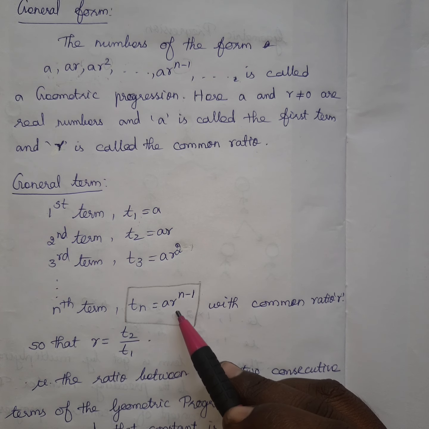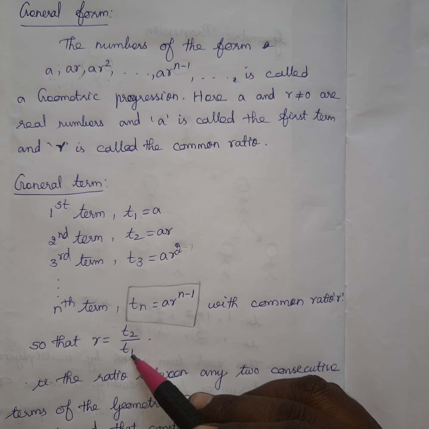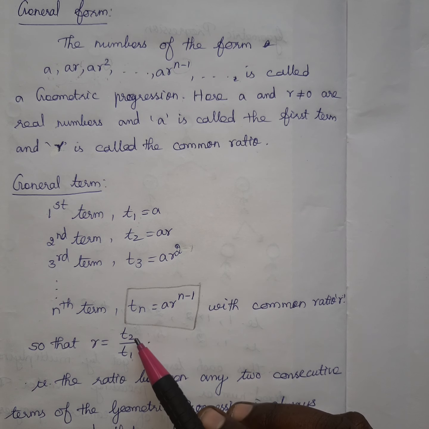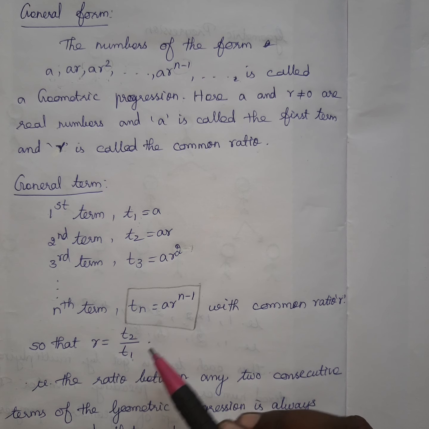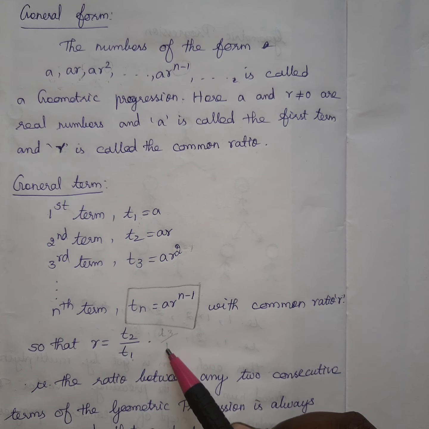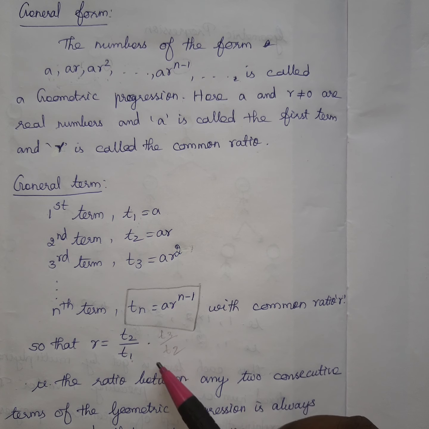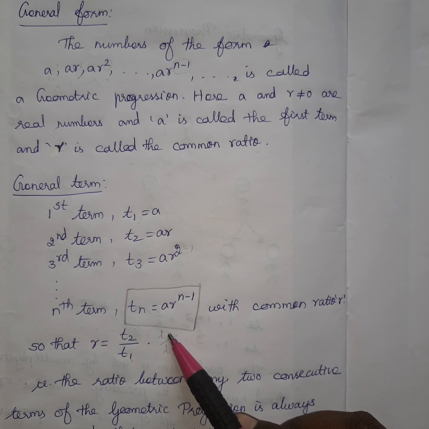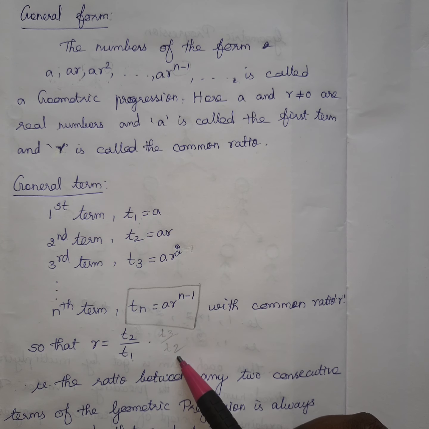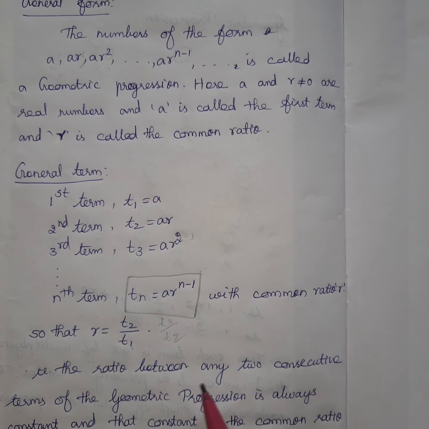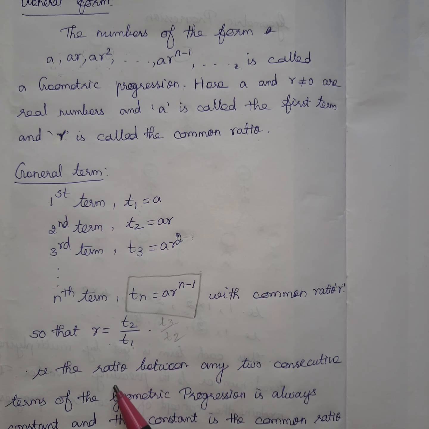Here, what is the r value? T2 divided by T1. r is the common ratio, that is T2 divided by T1, or you can write T3 divided by T2. Anyway, take consecutive terms, the next term divided by the previous term. Now how can we write this common ratio in a sentence?